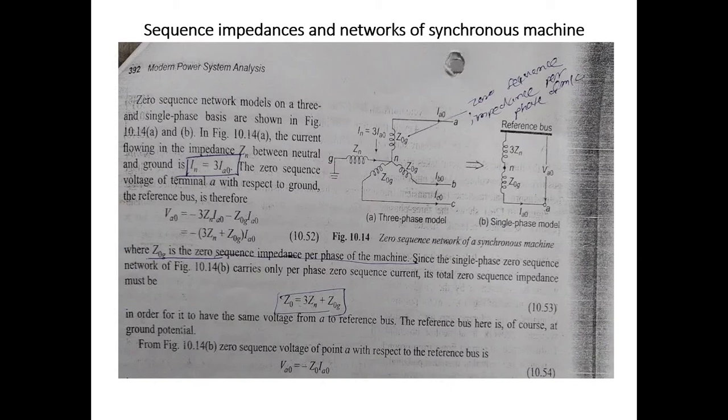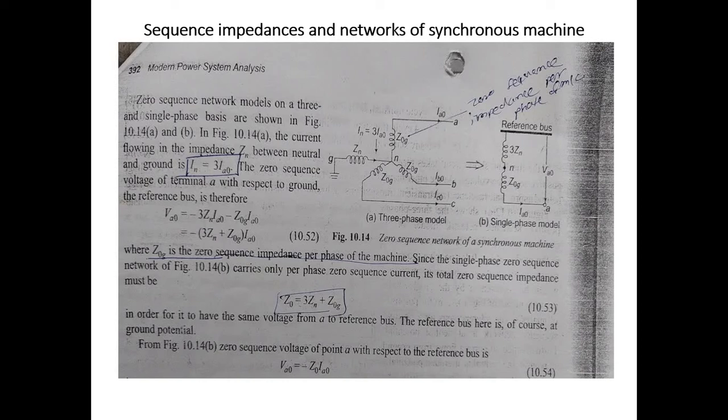So the zero sequence network models on three phase and single phase basis are shown in the figure. Here we show the zero sequence impedance of each phase connected to the neutral, but in this case the neutral impedance is also present, which is represented by Zn.